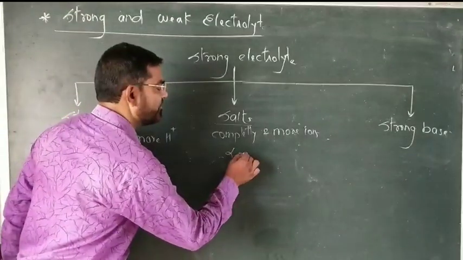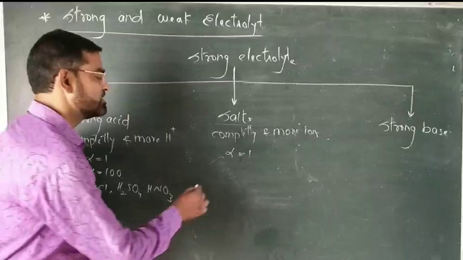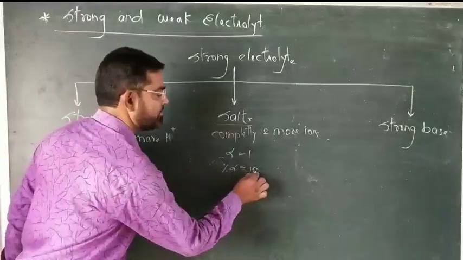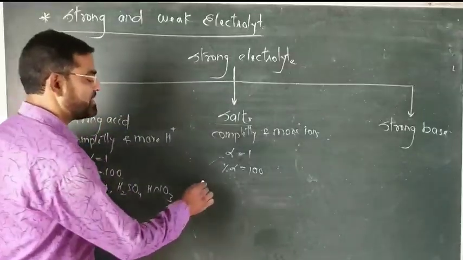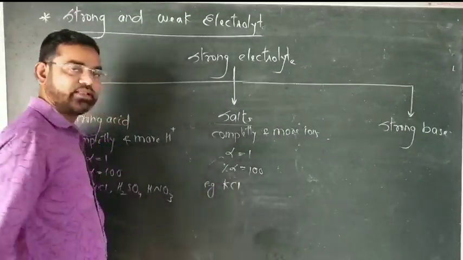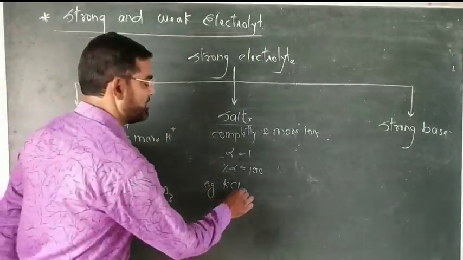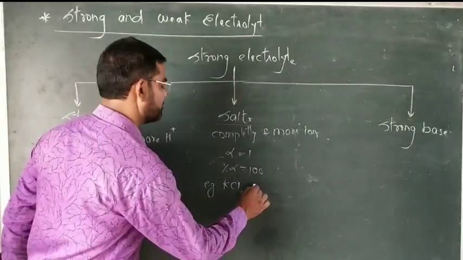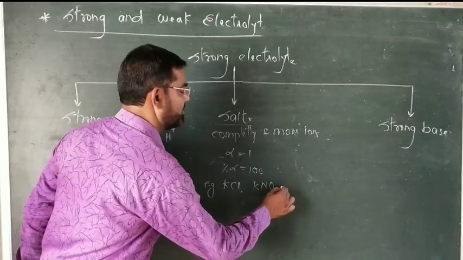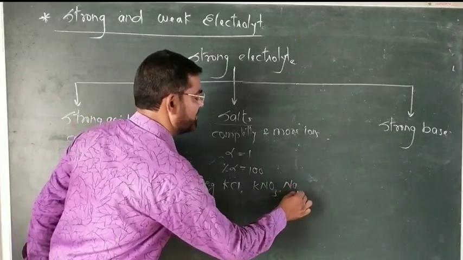Here also alpha is equal to 1. Similarly, percent alpha is 100%. The examples are NaCl or KCl. Similarly, potassium nitrate, sodium nitrate, sodium sulfate, etc.